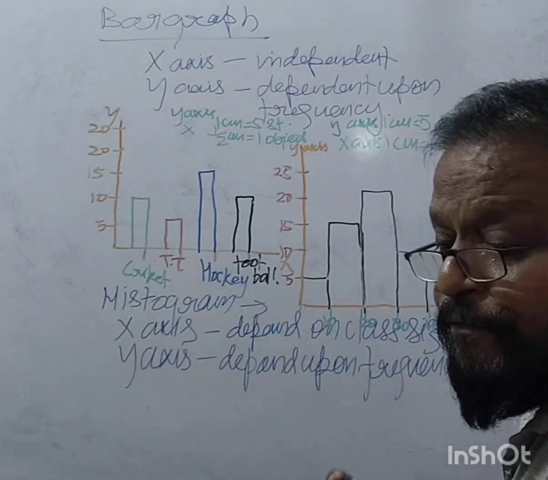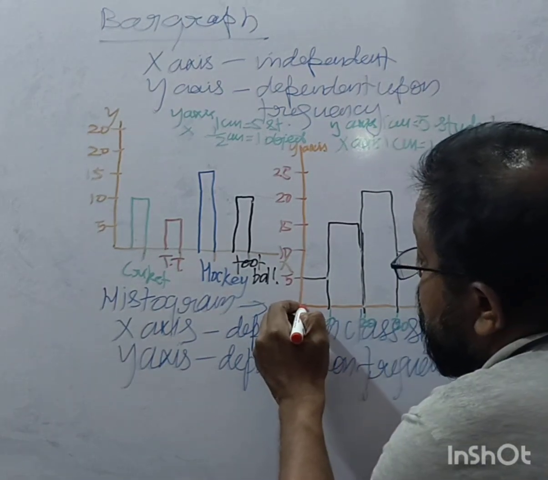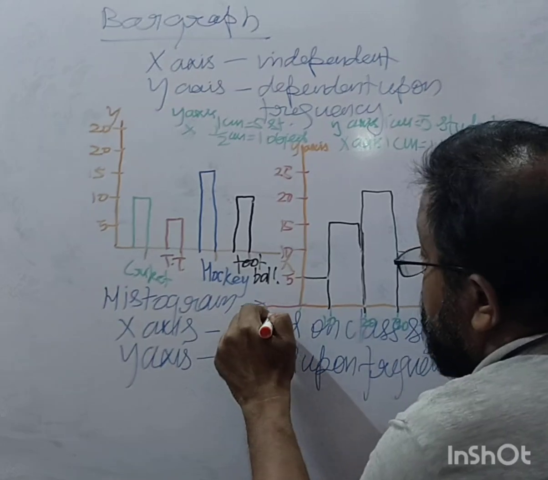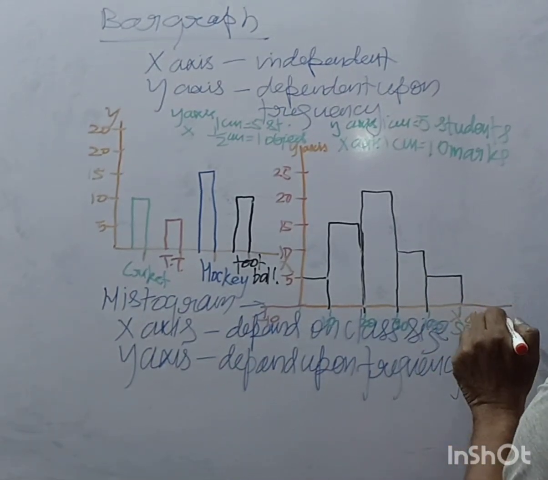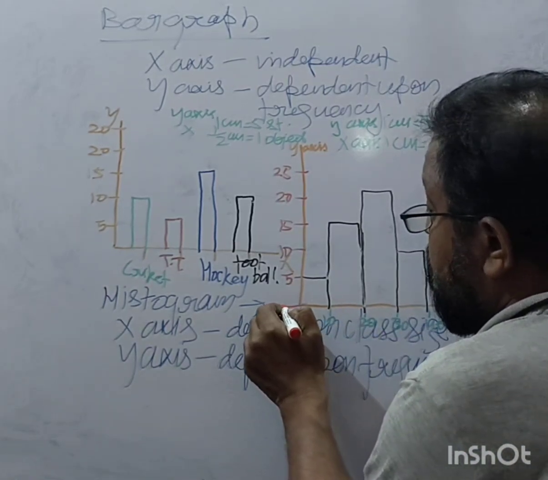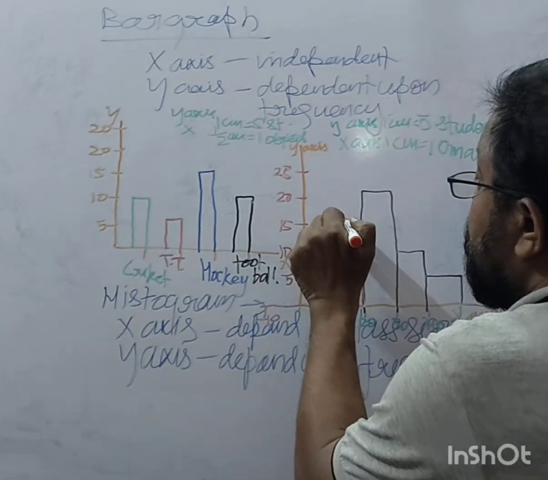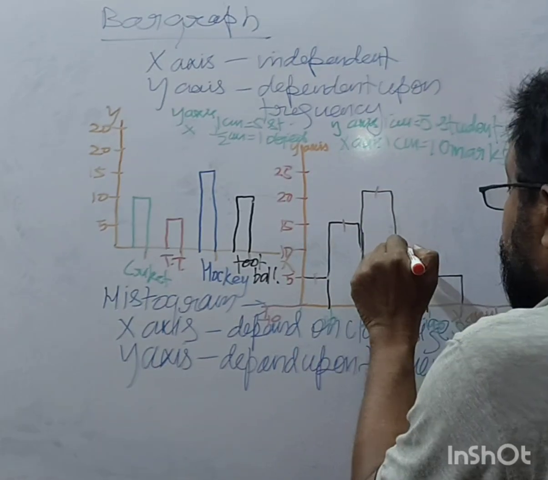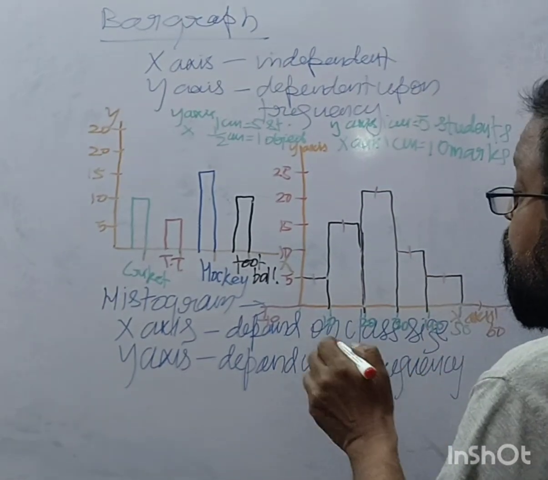And if we extend it to this side by 5 units, this is minus 10 and this is 60. Okay? So we make the class marks of these: 5, 15, 25, 35, 45, 55.